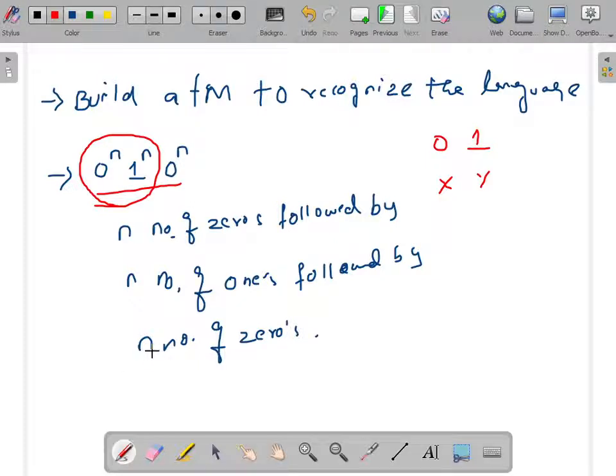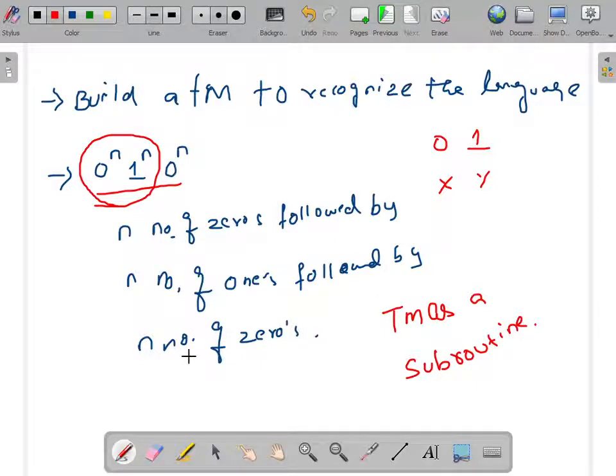So here we need to use the Turing machine as a subroutine.